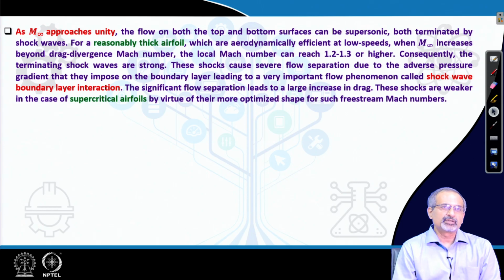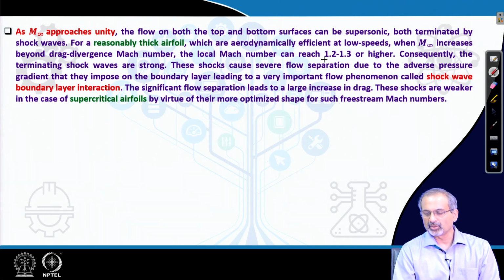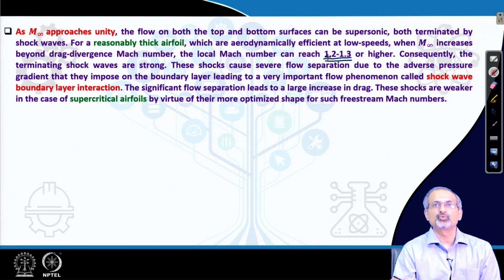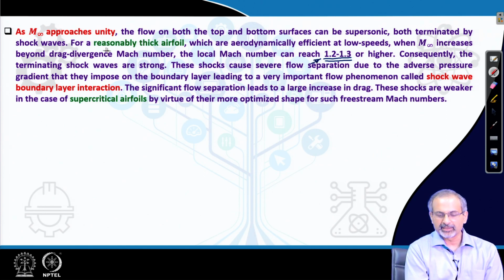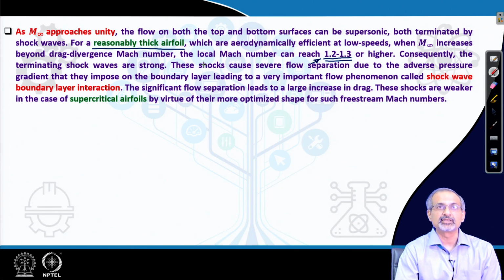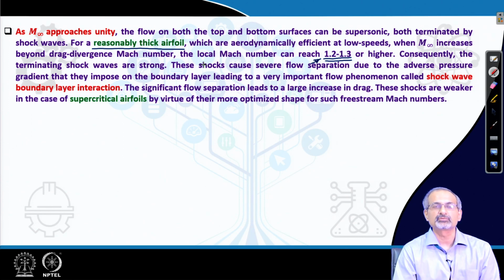And then you further accelerate the flow to say a Mach 1 condition in the free stream, and these pockets get larger and you can have much higher Mach numbers within these pockets, going beyond sonic condition to an order of 1.2, 1.3 or maybe even higher. It depends on the shape of the airfoil, its angle of attack and so on. These Mach numbers could be quite high if the airfoil is reasonably thick. Thick airfoils are not really supposed to operate at those Mach numbers, but if they are used, then they become aerodynamically inefficient because of very large drag increases.